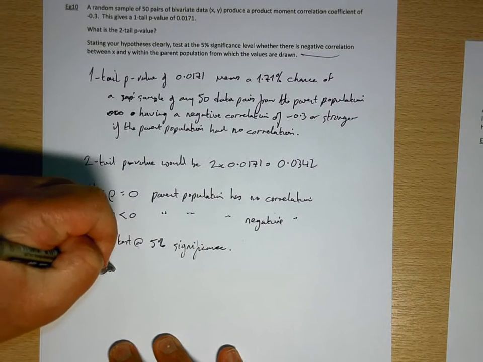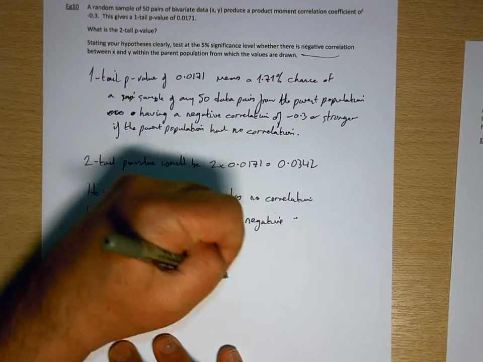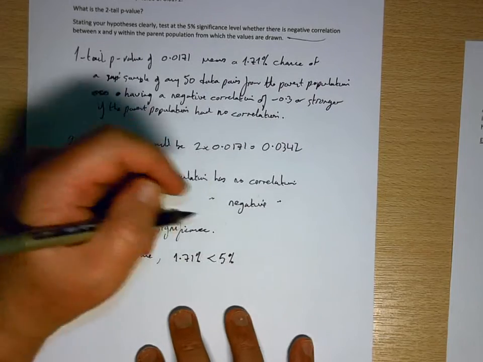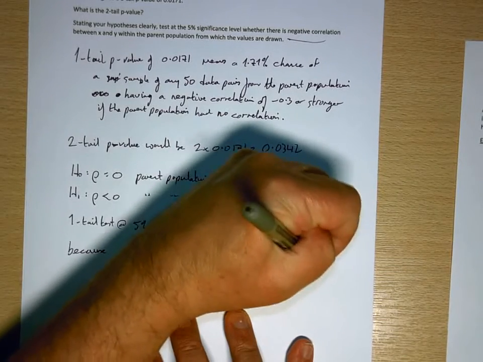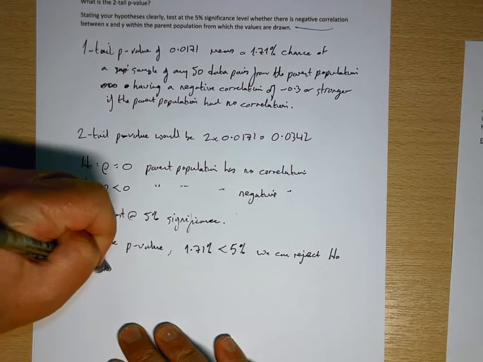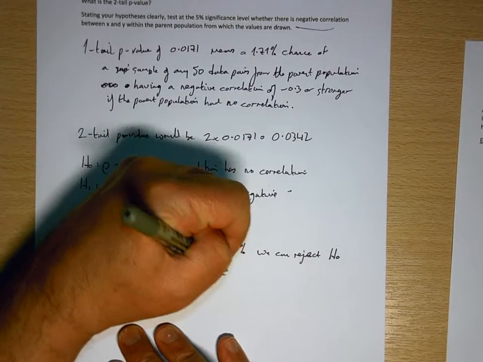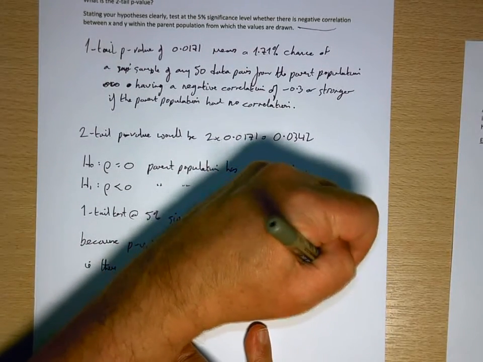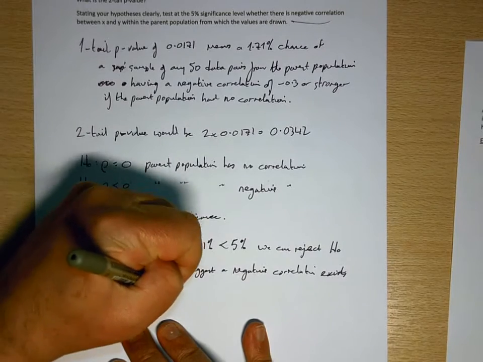So because the p-value 1.71% is less than 5%, we can reject H0, i.e. there is evidence to suggest a negative correlation exists within the parent population.